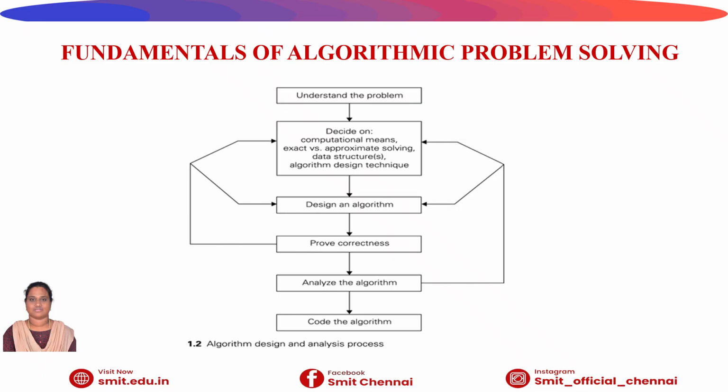They have to decide on computational means, exact versus approximate solving, data structure and algorithm design technique. Then step 3 is design an algorithm. Step 4 is proving the correctness. Step 5 is analyzing the algorithm. And step 6, the final step, is coding the algorithm.